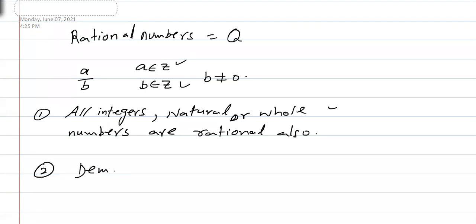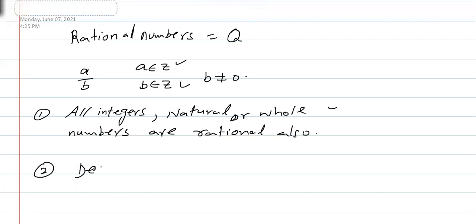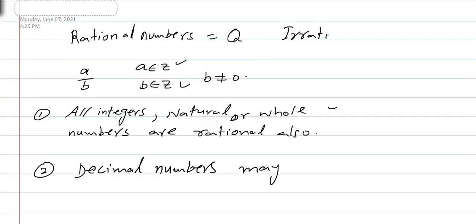Decimal numbers, sorry, decimal numbers may be rational. For rational, I will just write the letter Q. The opposite of rational is irrational, keep in mind, and that is represented by Q dash.